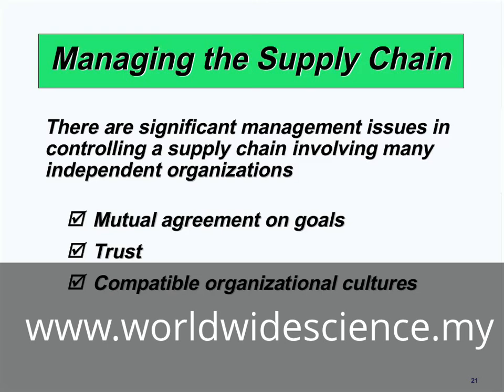Managing the supply chain. There are significant management issues in controlling a supply chain involving many independent organizations. So, when there are many independent organizations in a supply chain, it means that the chain is very long.